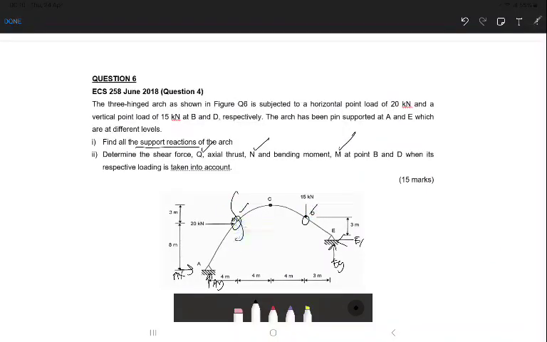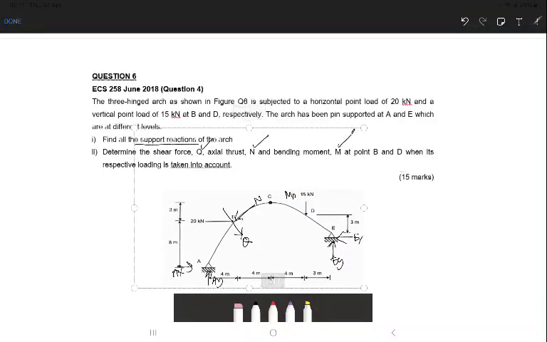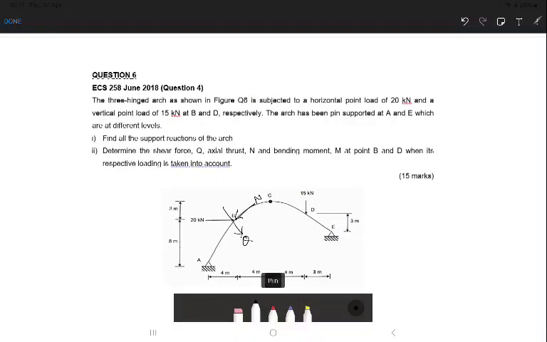So you have to cut it and then find out MB. You cut it, you find out MD, and then you have to find N in this direction, Q in this direction, and then another one N in this direction.